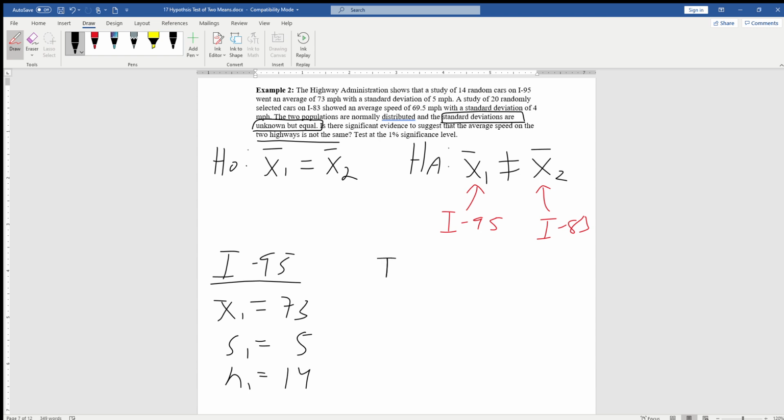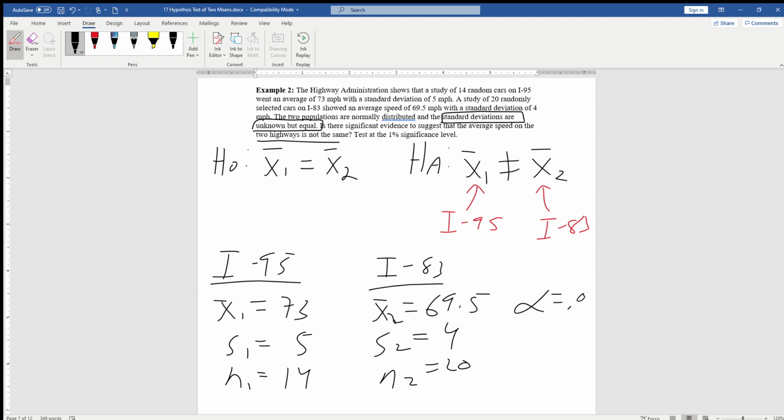In the I-83 group, the average speed was 69.5, the sample standard deviation was 4 miles per hour, and the sample size was 20. The significance level is 1%.